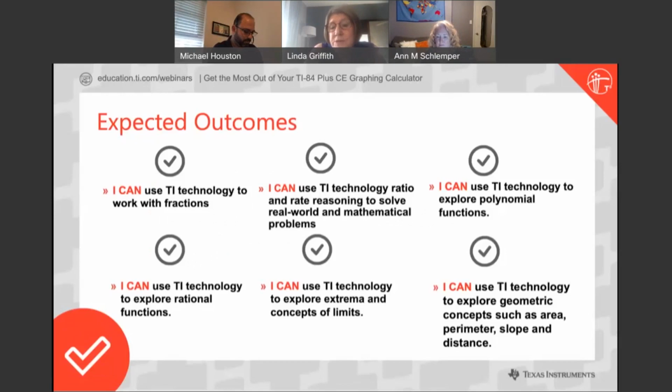We hope you'll be able to use our technology to explore polynomial functions and rational functions. I think you'll find it a useful tool in exploring extrema and the concept of limits. And finally, that you'll be able to use the technology to explore geometric concepts such as area, perimeter, slope, and distance. And this is a very ambitious agenda and a very ambitious set of outcomes.